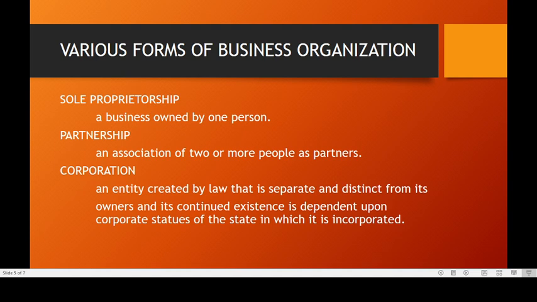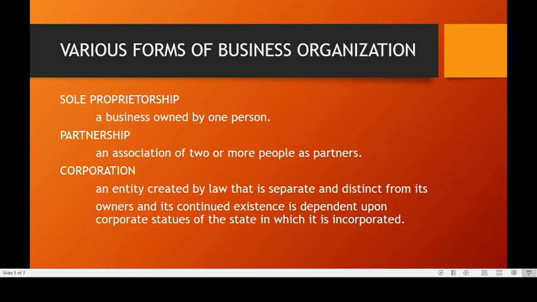Another characteristic of a corporation is that, unlike in partnership where the decision is dependent on the partners, a partner cannot decide without the consent of the others. Right? That's the general rule.